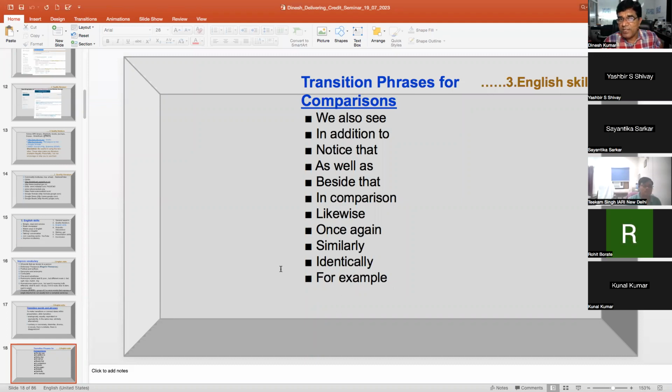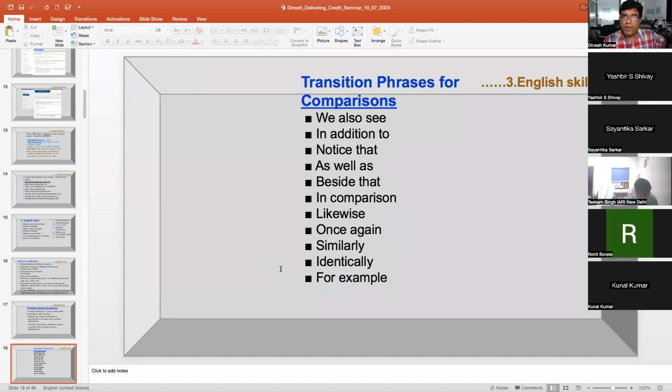Similarly, transition phrases for comparison. Suppose you want to compare two things, then we can use a variety of words or phrases. Like we also see, in addition to, notice that, as well as, besides that, in comparison, likewise, once again, similarly, identically.